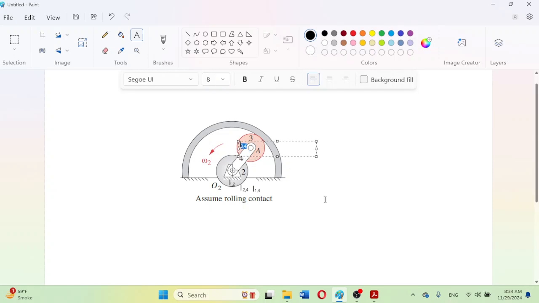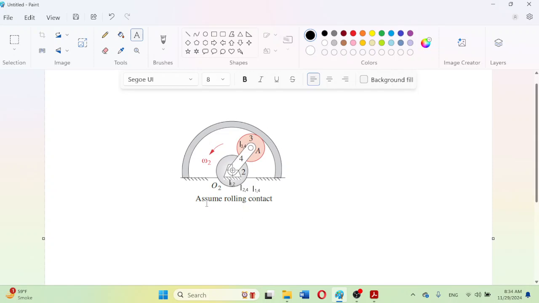So this is the instance center I3 comma 4, which is between link number 3rd, this link gear in complex motion, and this link number 4 which is in pure rotation. So this pin is actually permanent instance center 3 comma 4. So in this way 4 instance center have been found out, and after that we will be determining the remaining 2 instance center.